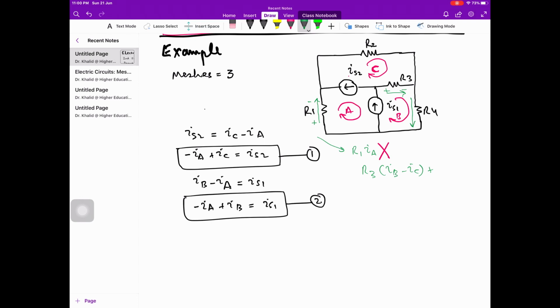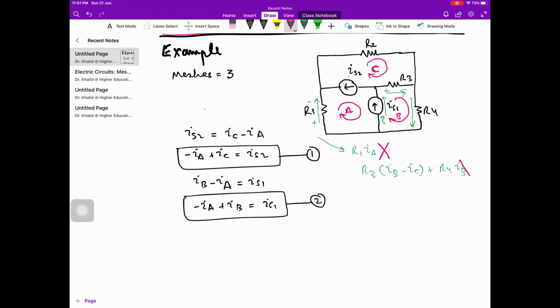The voltage drop across R4 is known too, since only IB is flowing. But we don't know the voltage drop across the current source at this stage. Later, when we complete our analysis, we will find the voltage drop over here. But at this stage, we don't know the voltage drop across the current source.